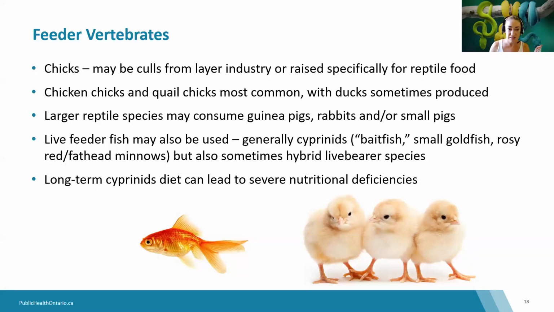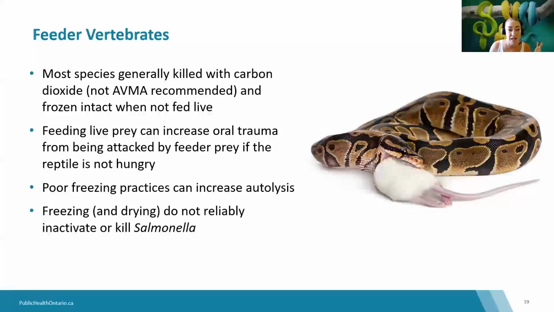Next slide, please. Most of these animals are killed either with carbon dioxide, which is not AVMA recommended because it is aversive to rodents, or they might simply be frozen alive. And they're often frozen as a whole animal. They're not processed in any way.